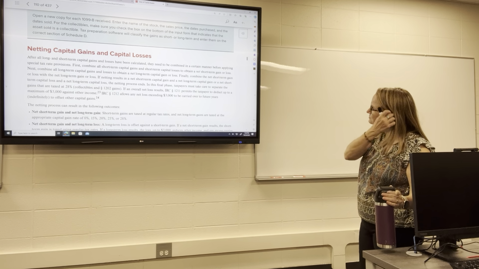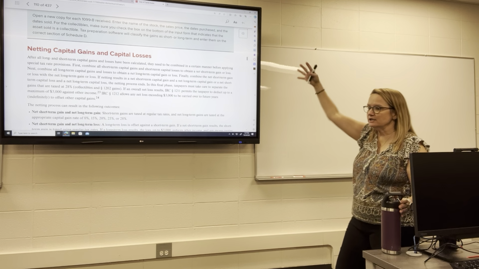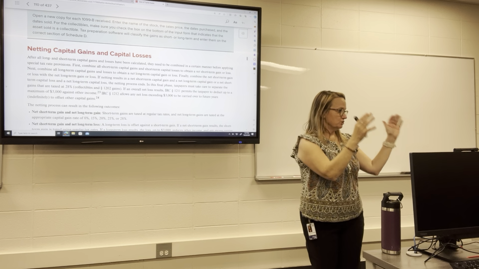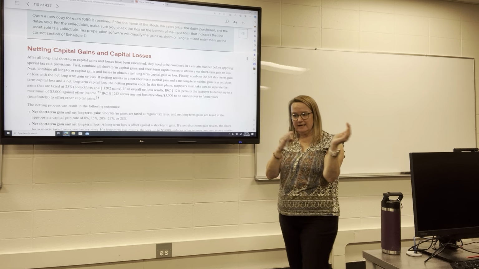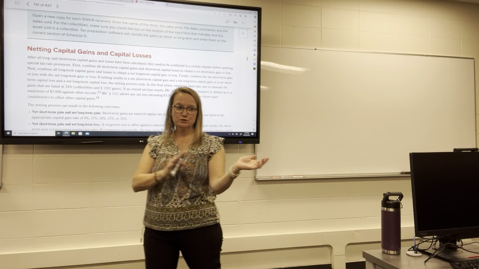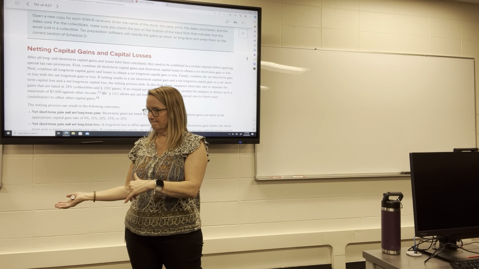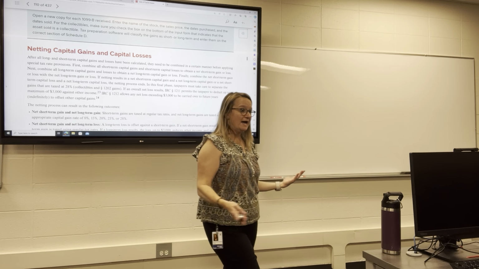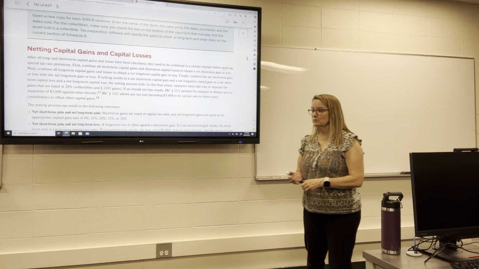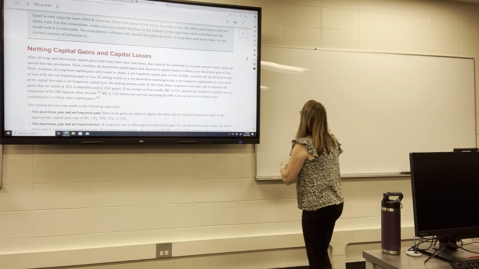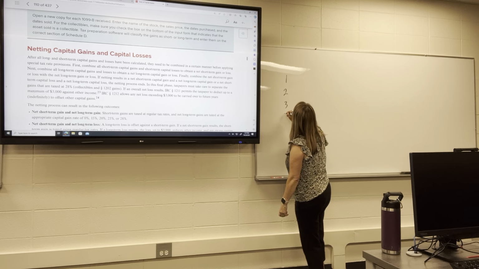So the first thing we do is we calculate each of our assets to determine whether we had a gain or a loss and whether it was short term or long term. Okay, because if we sold 4 assets, we've got asset 1, 2, 3, 4.